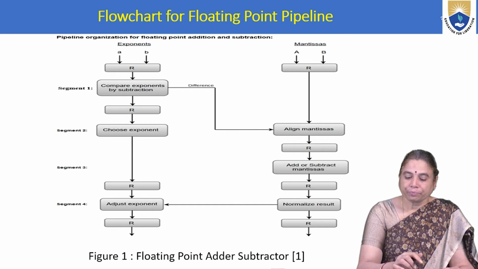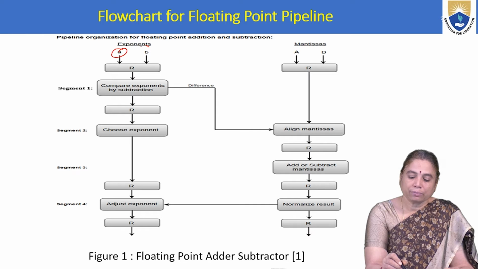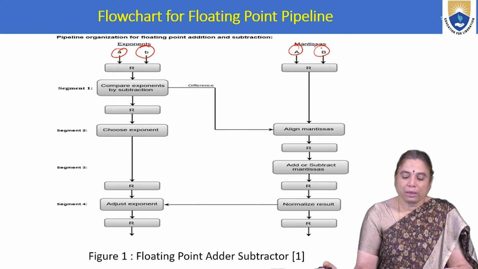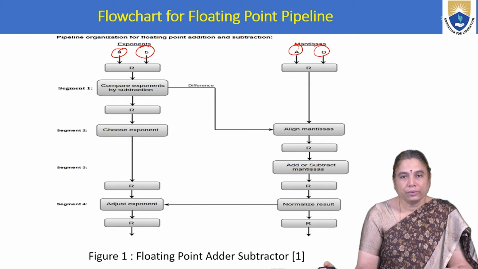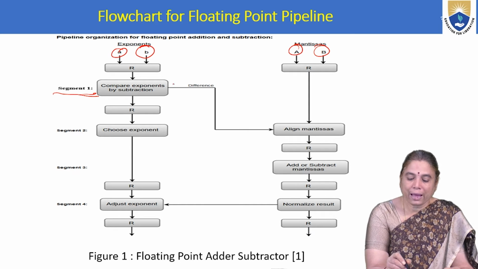So here, this is the consideration of the exponents, small a, small b, and the mantissas can be represented with capital A, capital B. So those can be stored in a register. The first segment is comparing the exponents by subtraction.